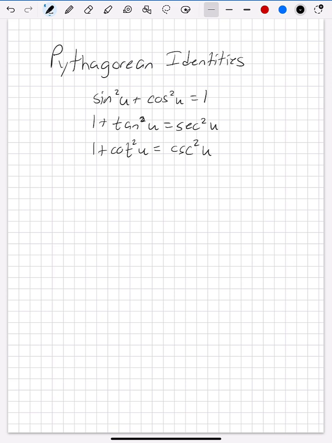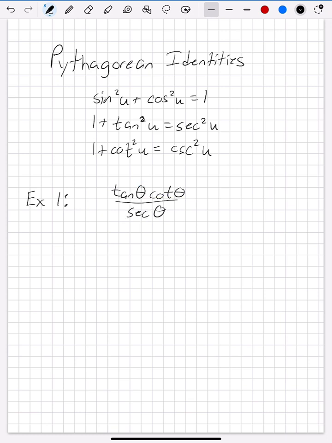Alright. So let's do an example of one of these. Let's say we have the tangent of theta times cotangent of theta, divided by the secant of theta.